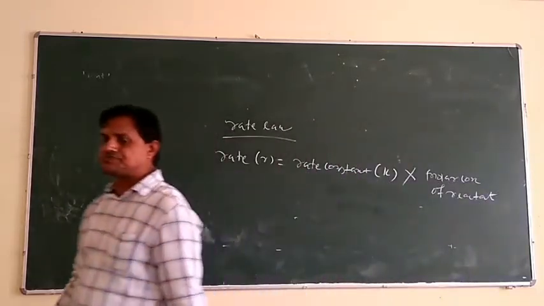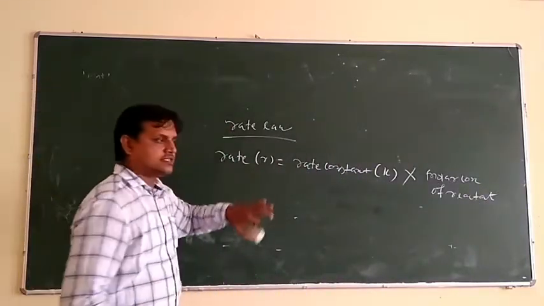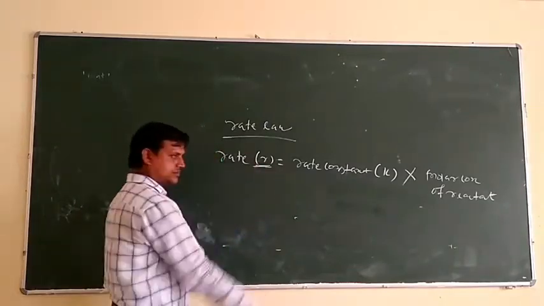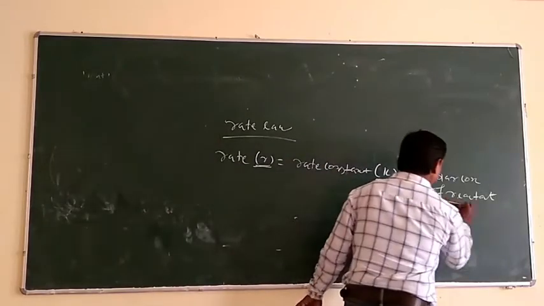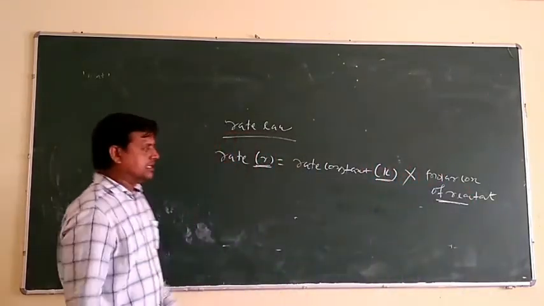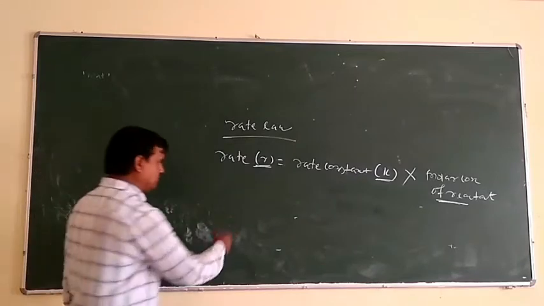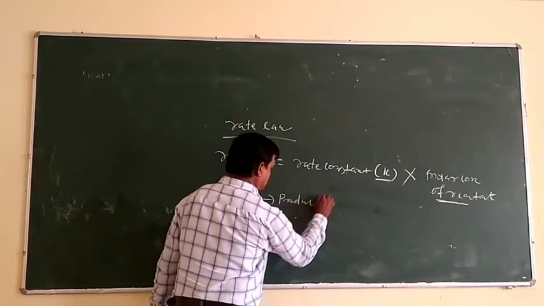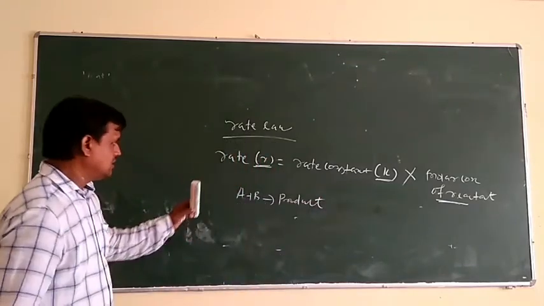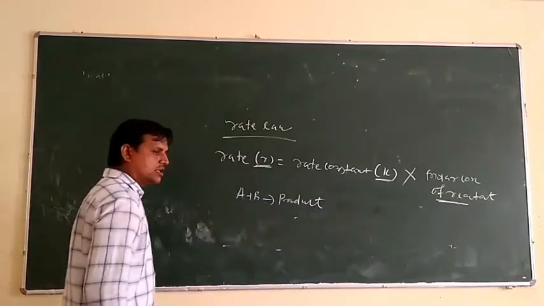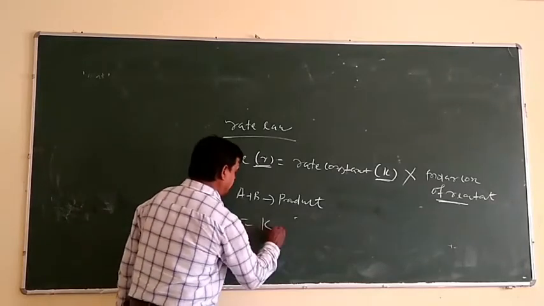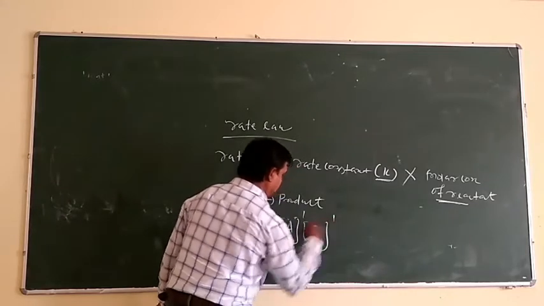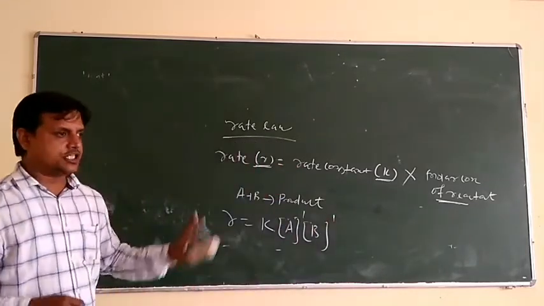So rate law defines the relationship between the rate R, the rate constant K, and the molar concentration of reactant. For example, A plus B gives product. Suppose the rate law for this reaction is R equals K, A to the power 1, B to the power 1. Suppose this is the rate law equation.